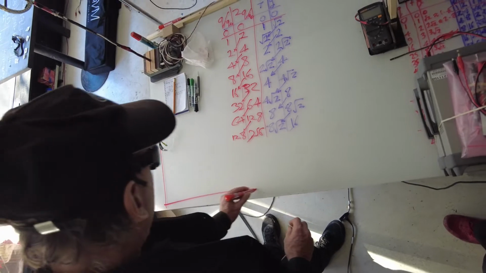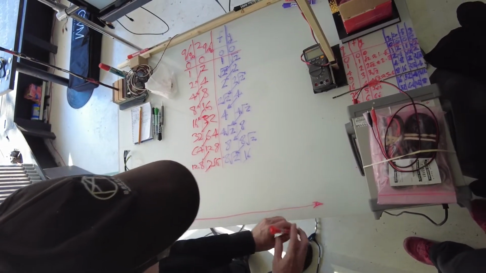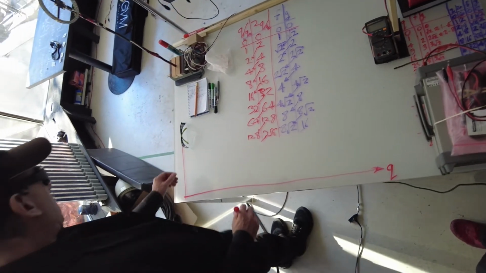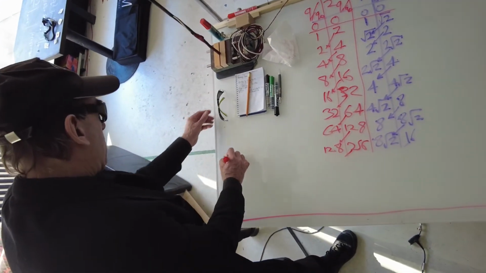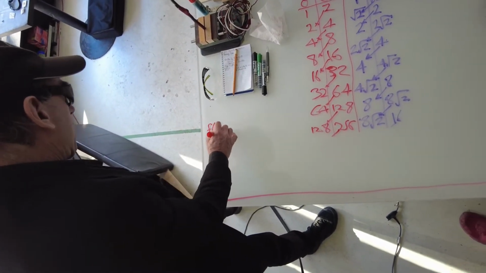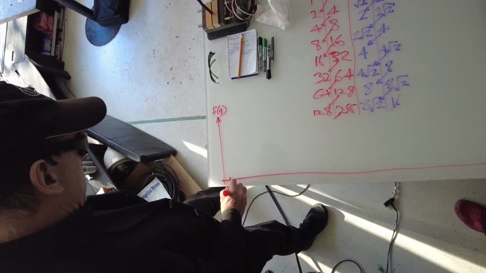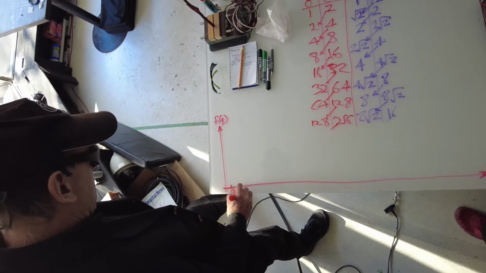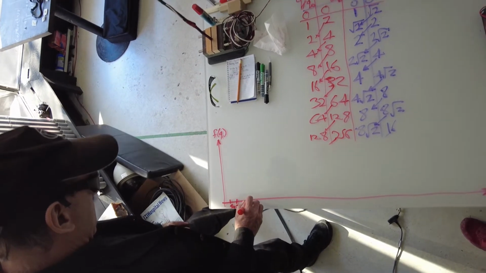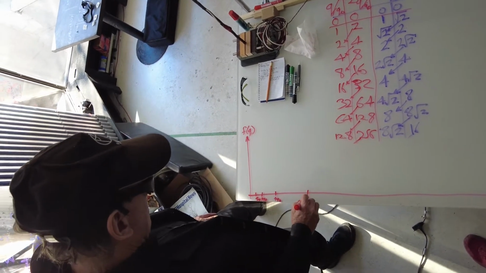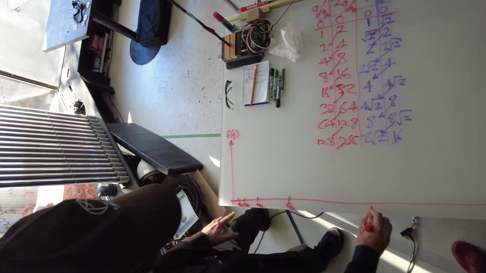This is Q, the quantity of light that comes in, and this is what we're trying to determine, f of Q. And so we're going to have Q0 right here, and we're going to have 2Q0, and then 4Q0, and then 8Q0.